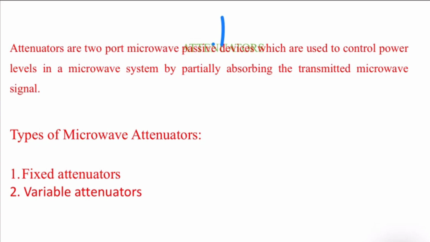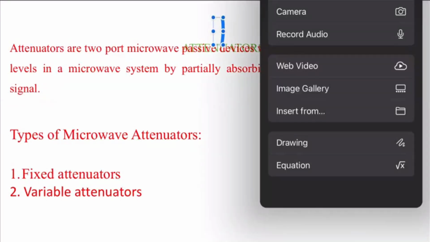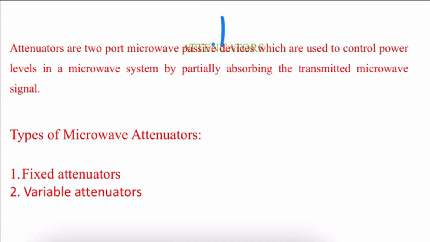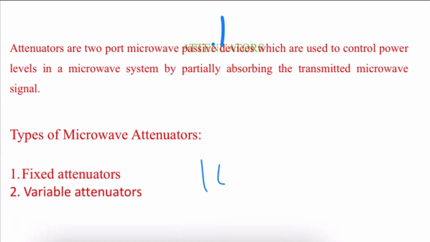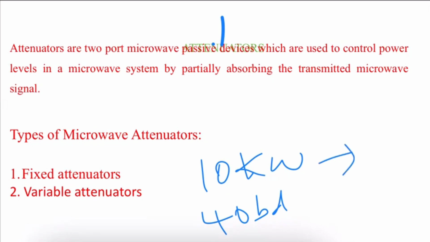Means, for example, if you are giving an input power of about 10 kilowatts, or if you want to talk in terms of dB, say an input of 40 dB, then the output would be a fixed percentage.